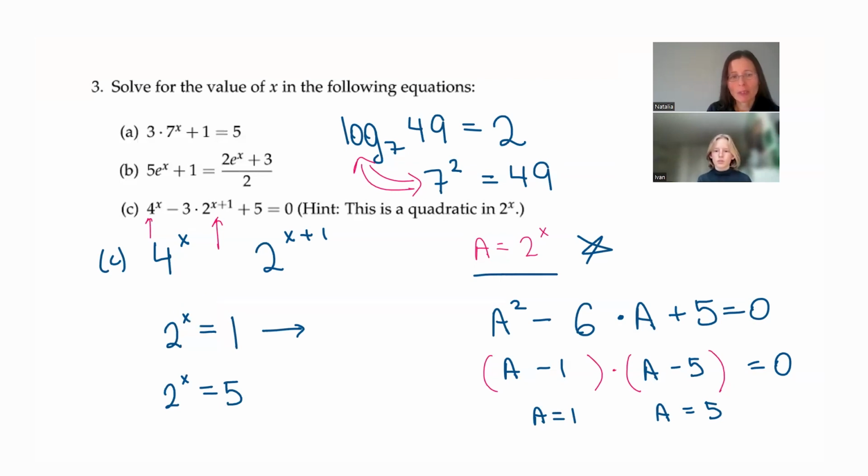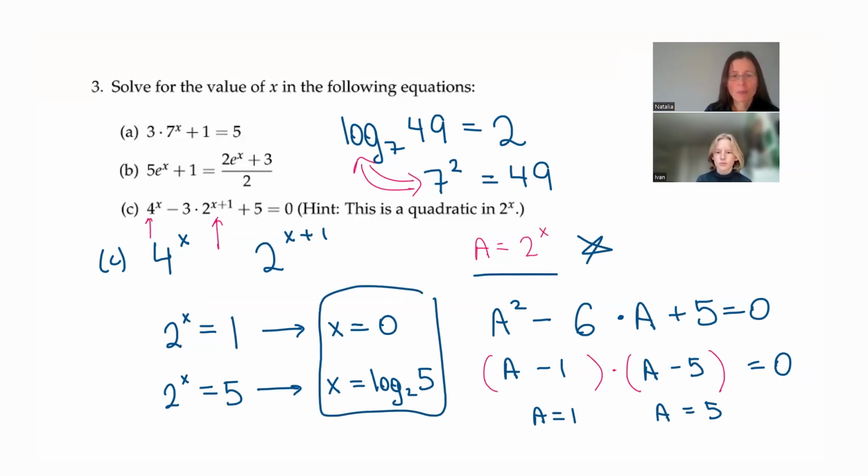We know that a number to the 0th power is equal to 1. So here x is 0. And in the second equation, we need to change it into logarithmic form. We'll have x equals log base 2 of 5. Base 2, and the argument 5. All right, very good. So these are our two solutions for part C.